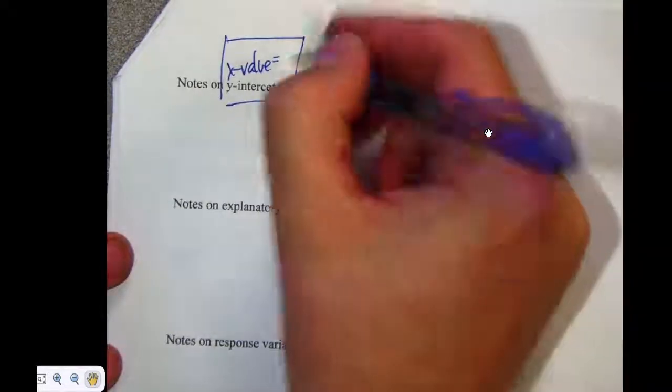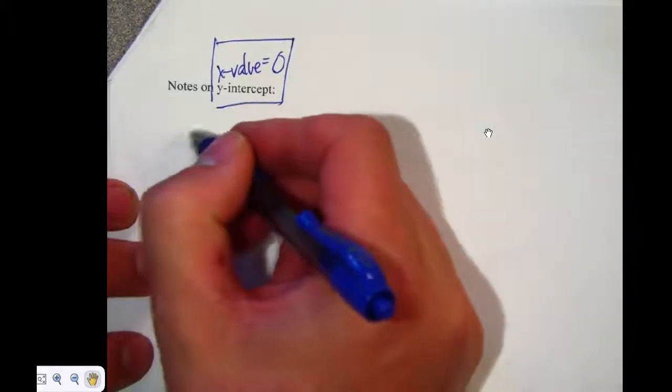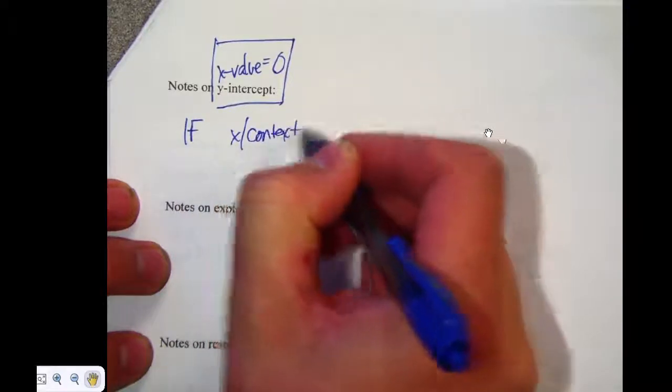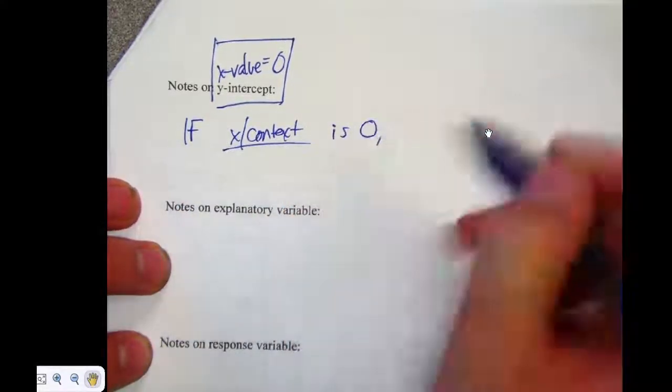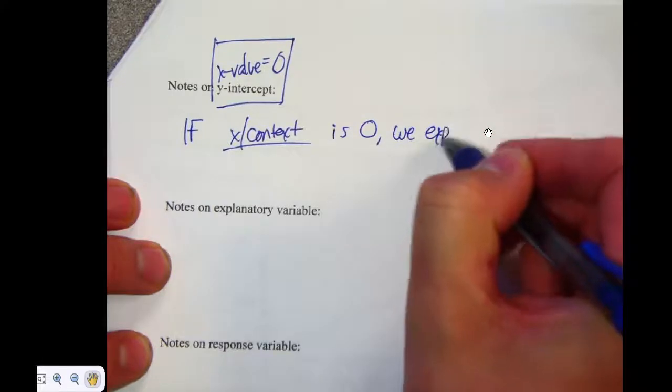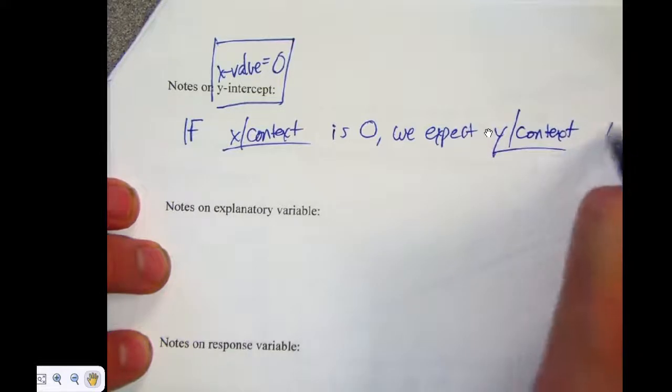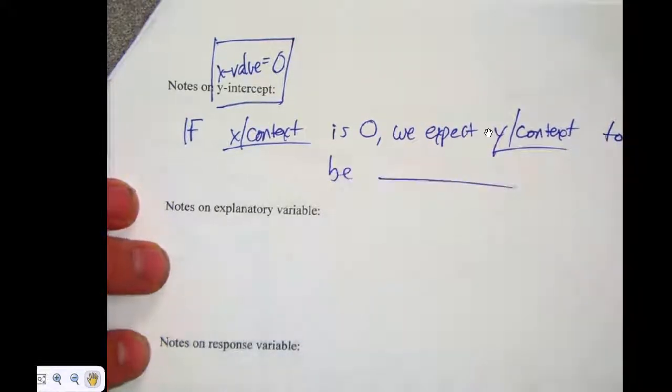So the y-intercept, the x value is always 0. And so all this is, if x context is 0, we expect y context to be whatever.